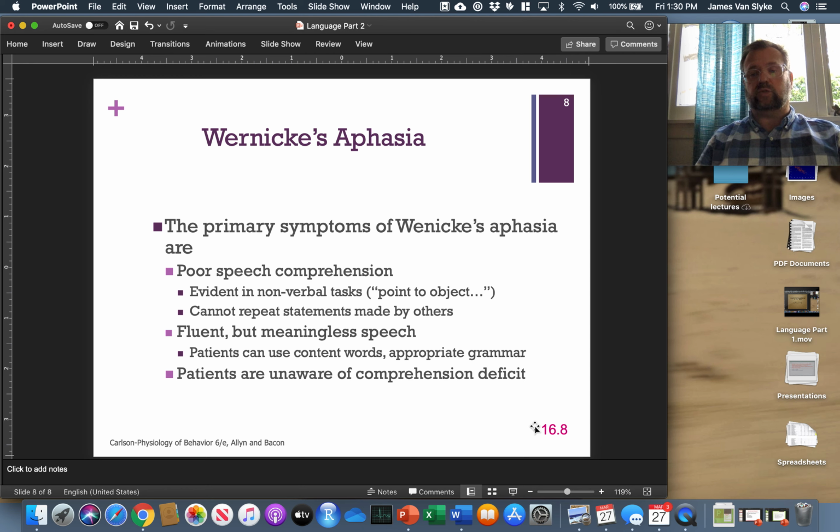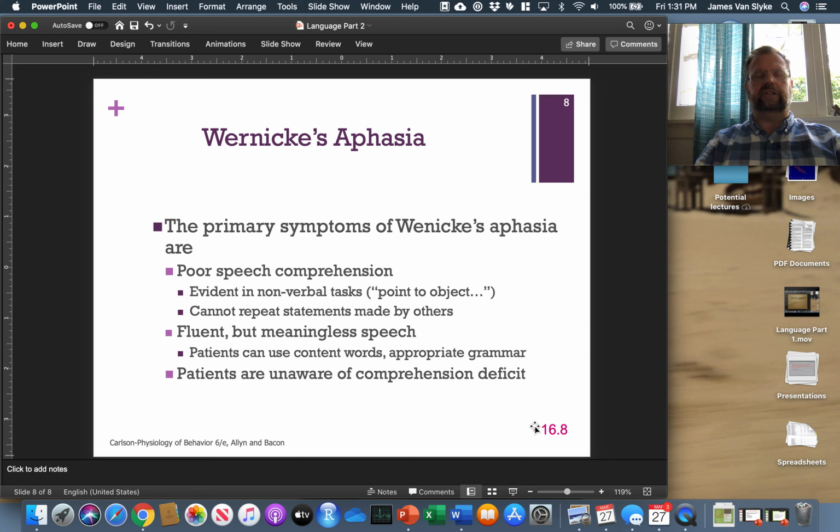That's because Wernicke's area is one of the primary processing centers for understanding what a word means. Once that process is disrupted, the meaning of words becomes confusing for persons.